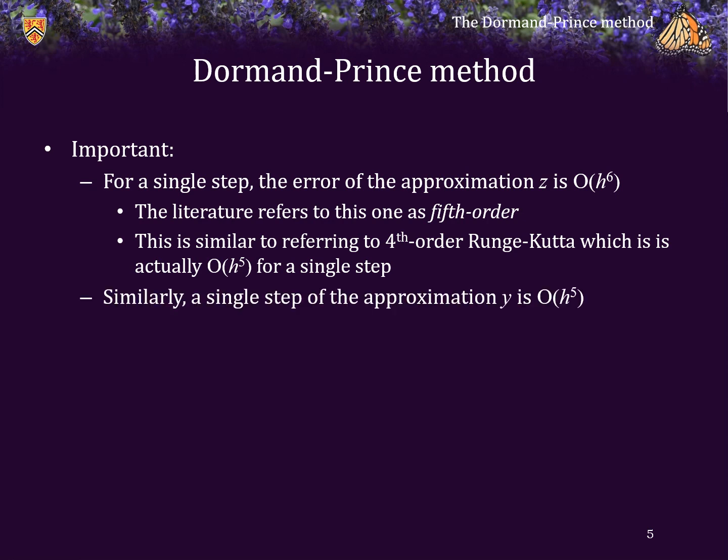Similarly, the less accurate approximation, y, is order h to the 5, even though the literature refers to it as being 4th order. This is important because when we are estimating the error, we are only estimating the error assuming the current value is correct, and we'd like to get the best approximation of the next step.